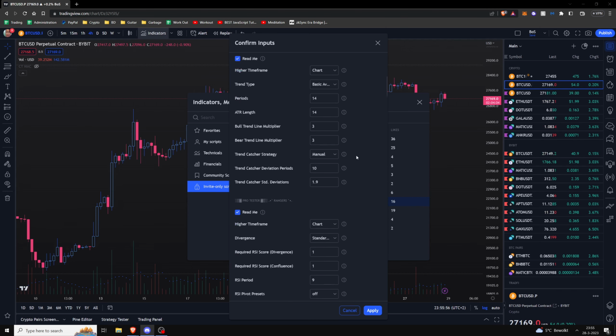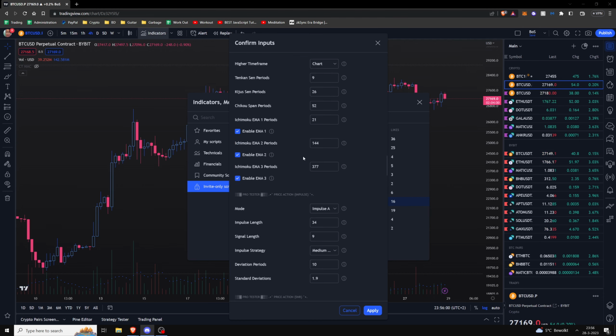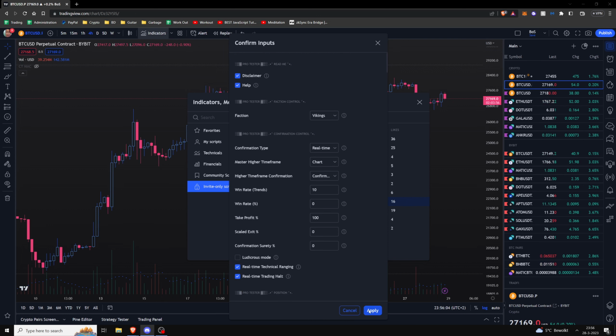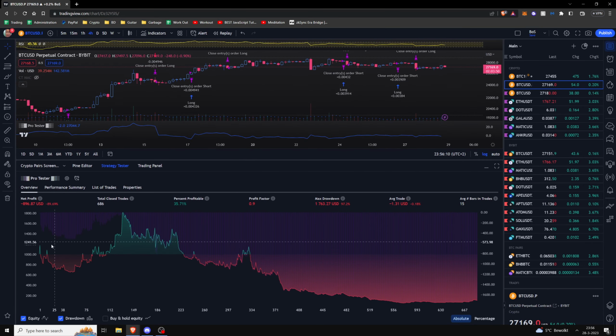yeah, so you'll get access to the whole indicator, and you can have a lot of strategies built with this. What it'll do, I'll just apply it for now, is it will open the strategy tester here, and this will tell me exactly, or roughly, how much this would have made. Fantastic, Claire.